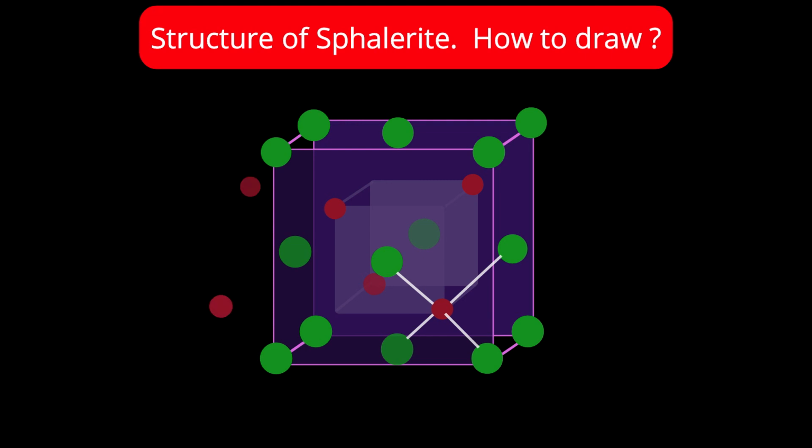In order to understand the coordination of sulfide ion, let us consider one sulfide ion at the center of the left side face. By the way, imagine one more such large cube to the left side of this cube. Inside that large cube, there will be zinc ions which will occupy the alternate corners of the small cube.